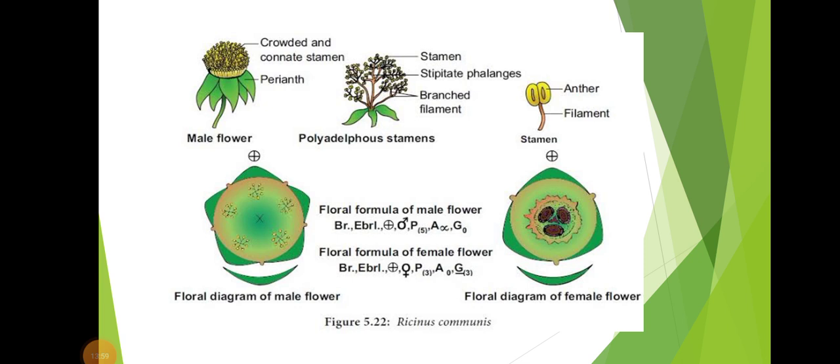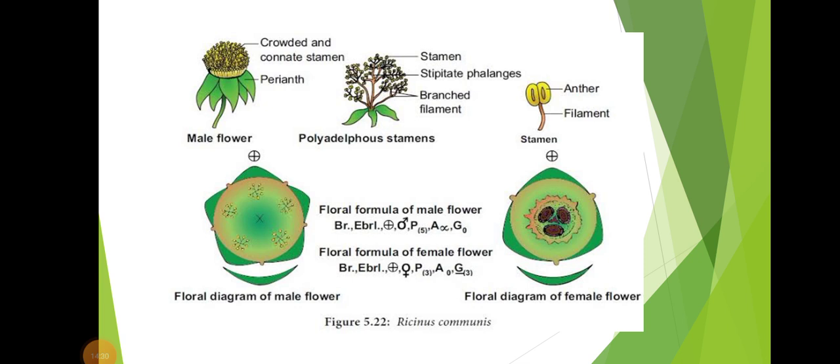If you see the polyadelphous stamen structure, the top is the stamen and staminal phalanges with branched filaments. And if you see the single stamen structure, the anther is there and the filament is there. You see the floral diagram of the male flower and the floral diagram of the female flower.